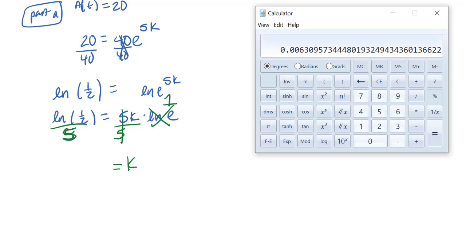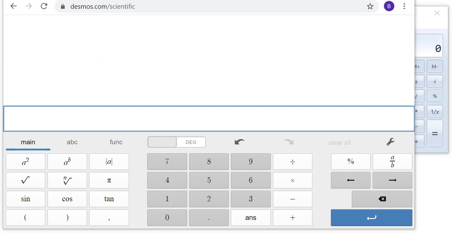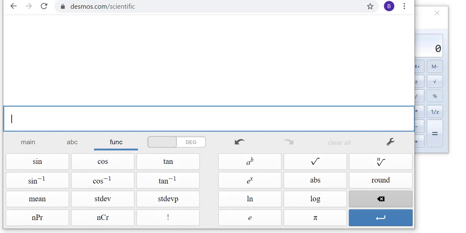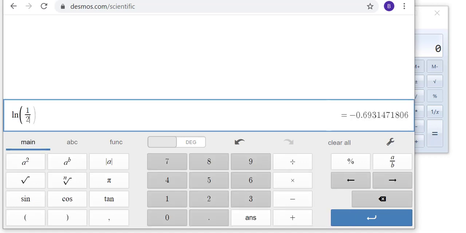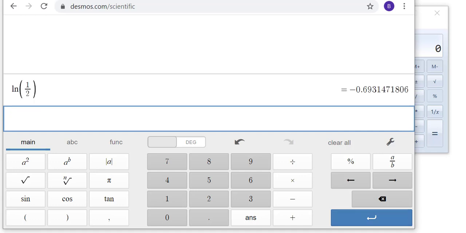Actually, let's get our calculator out. I really like our Desmos calculator, so let's go ahead and do this. We're going to go to functions. Now we're going to take the natural log of 1 divided by 2, which is equal to negative 0.693.